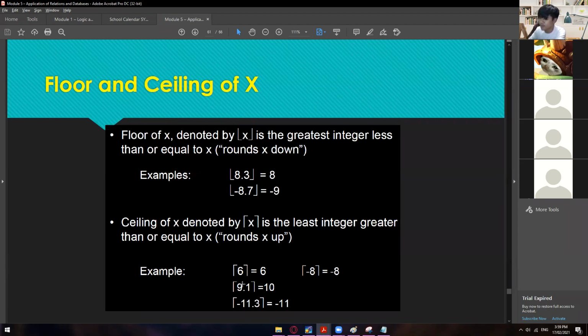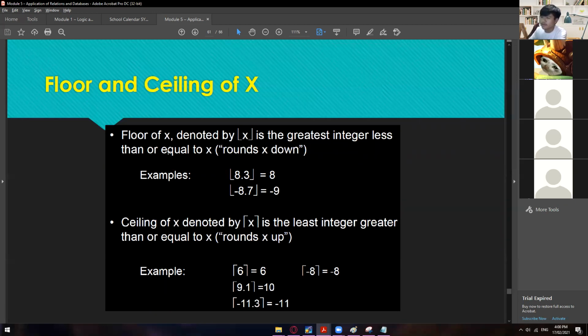So your 9.1 will become 10. The same with negatives: your negative 11.3 will be rounded up to negative 11. So your negative 11 is higher than your negative 11.3. And negative 8 will stay the same since it doesn't have a decimal.